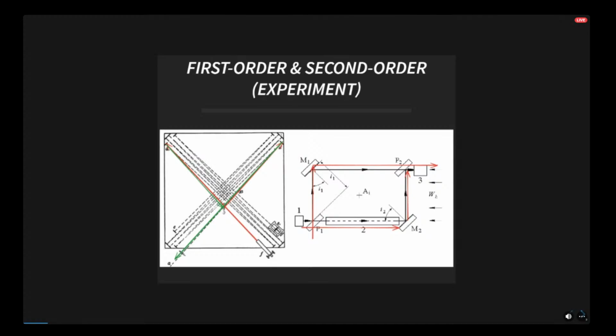To get into first order: for a first order experiment, pretty much all of what we're going to be talking about is going to be regarding light. We're going to be looking at how light travels in its path. For most of these experiments, the setup is going to consist of an orthogonal setup where a light beam travels back and forth orthogonal to itself, and then recombines.